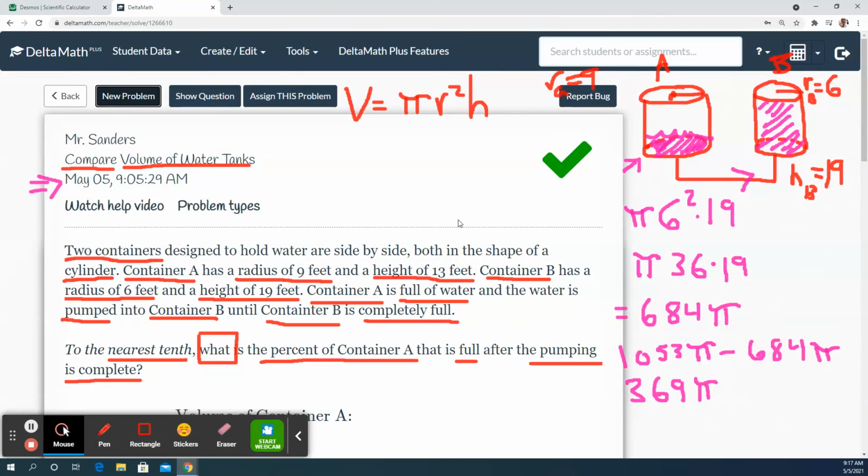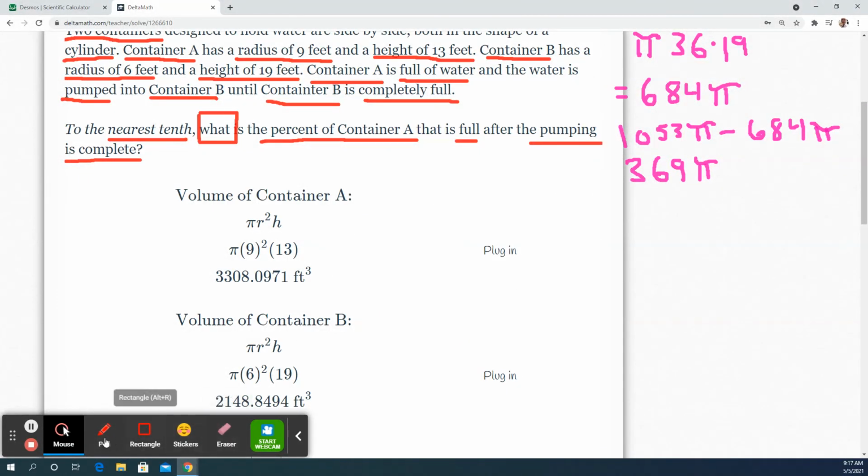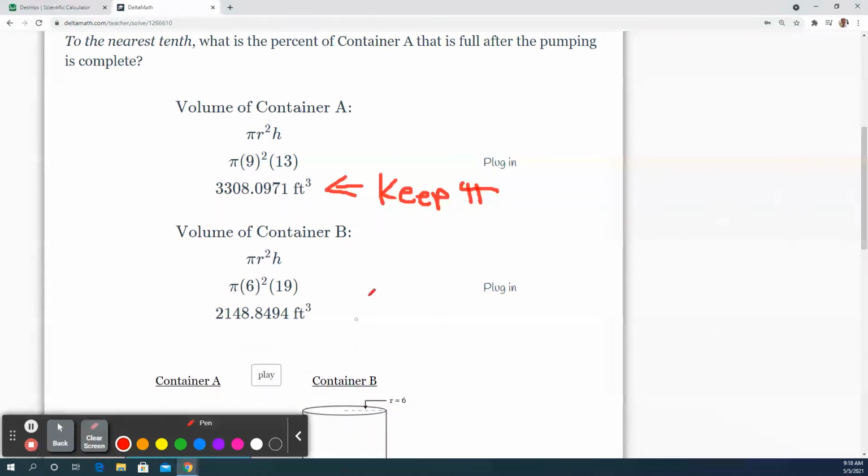Got it. Okay, so let's look through our work and see how they did it compared to ours. Volume of container A, I really recommend keeping it in terms of pi. That's going to keep your work a lot easier, and you're going to avoid these infinite decimals that pop out.